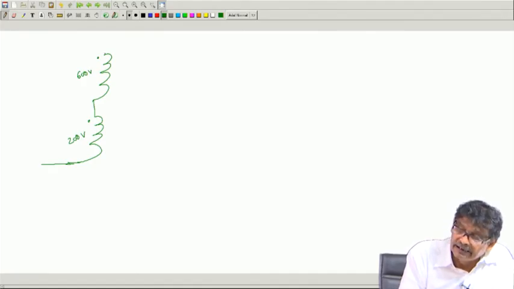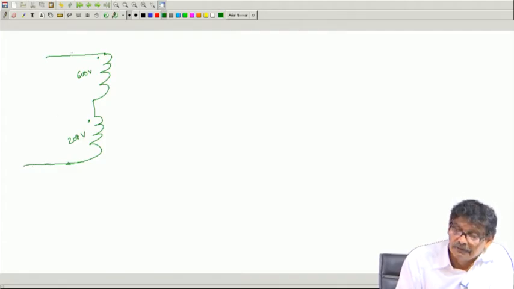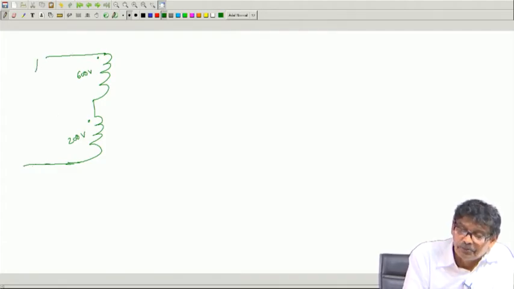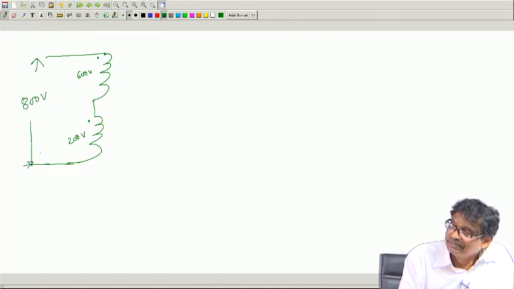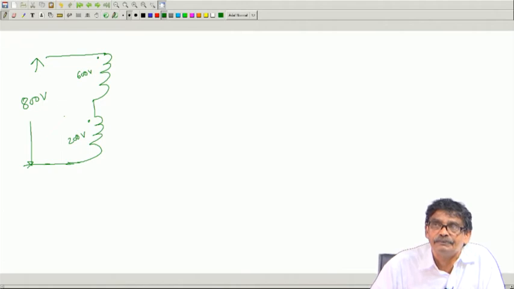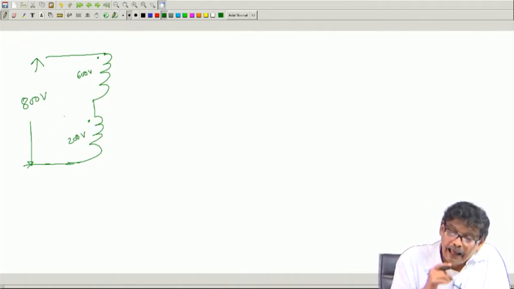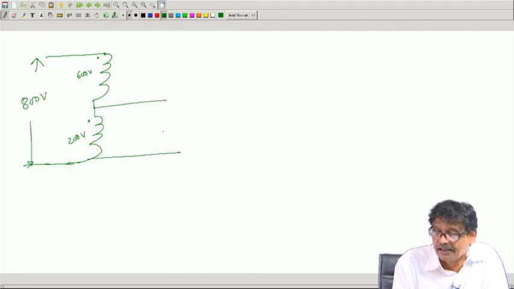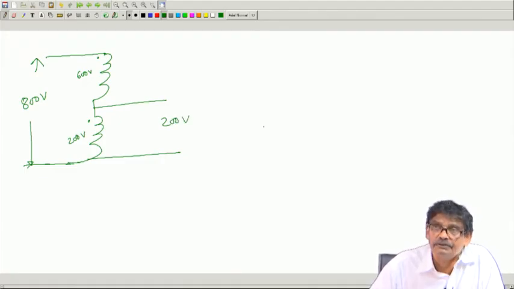I can say that this can also be used, and suppose your supply voltage is 800 volt, that I can apply, because the voltage will be divided, induced voltage in this ratio, N 1 by N 2, whatever it is, 800 volt, and I can take a tapping here and supply 200 volt to the load.